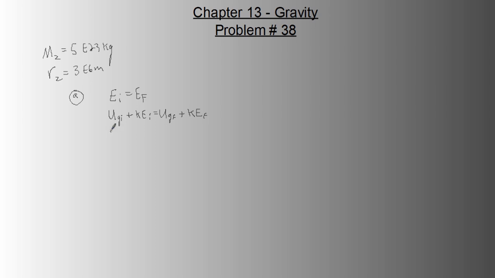And we know that UGI is negative G, your mass, times the mass of the planet, mz, over the radius of the planet squared, plus, now this is given, they said the initial energy is 5 e to the 7 joules.